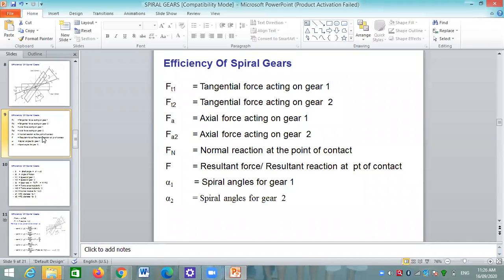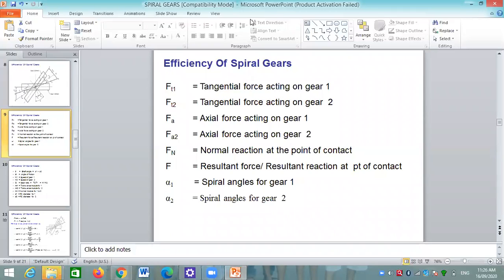The terminology used here is FT1, the tangential force acting on gear 1. FT2 is the tangential force acting on gear 2. The tangential force is a useful component of the overall force, which is used to transmit the power or motion from gear 1 to 2, and axial forces are responsible for separating the two gears, while tangential forces are responsible for transmitting the motion.